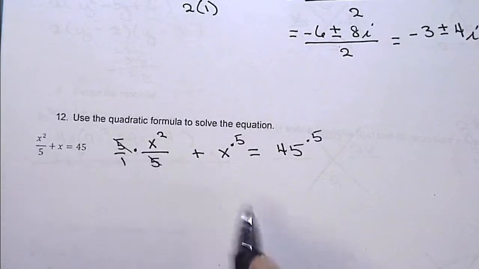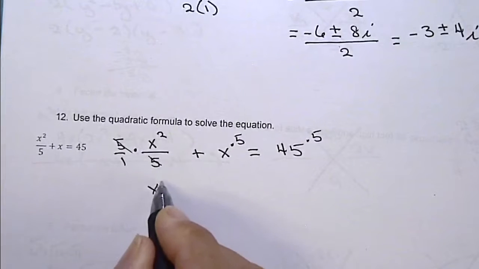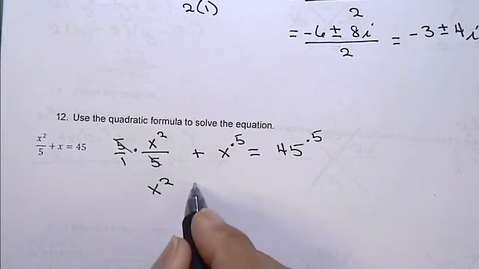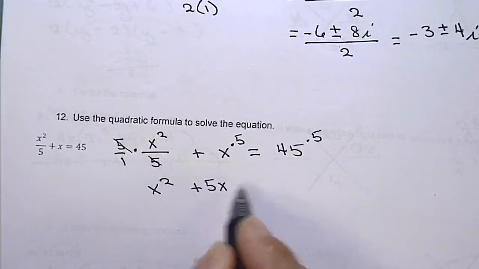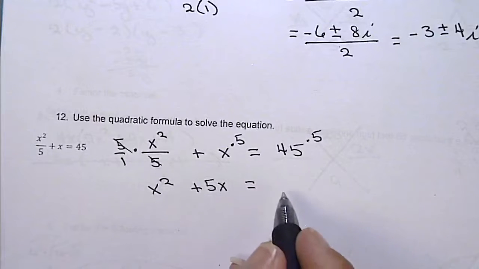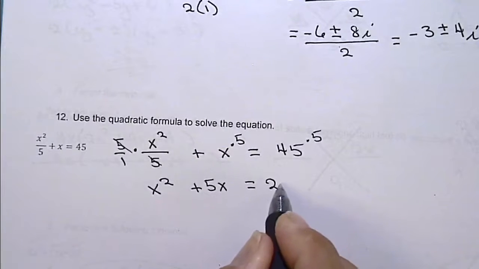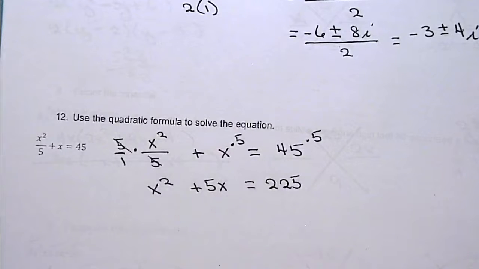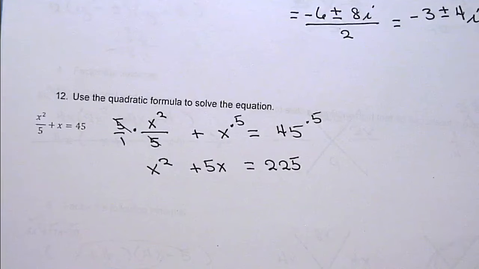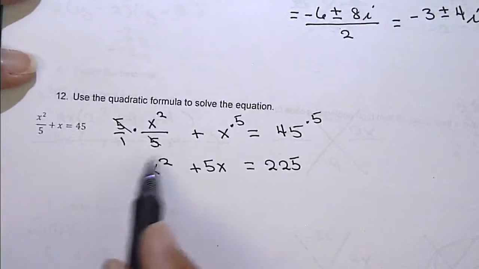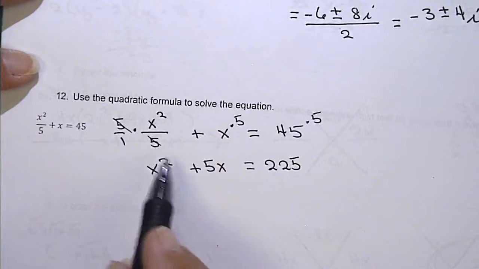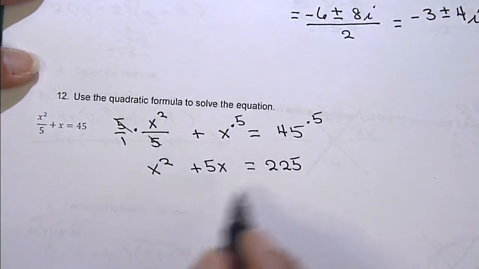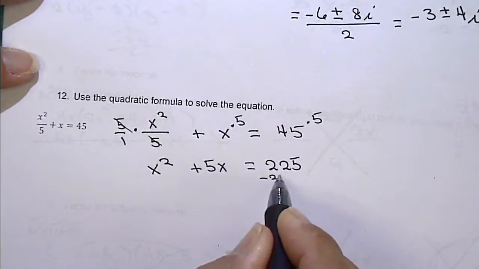When I multiply those, I cross-reduce and I have x squared. Over here, I have 5x. And over here, I have 45 times 5. Well, that's 225. Calculator, right? Now you've got to get everything over to the same side, and you want to go to the side where you have your x squared. So I'll subtract 225 from both sides.